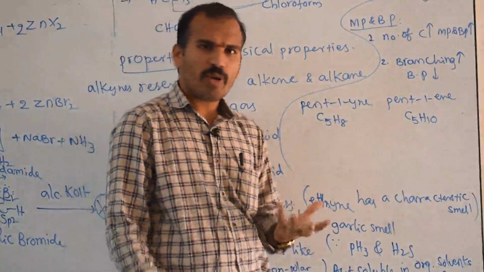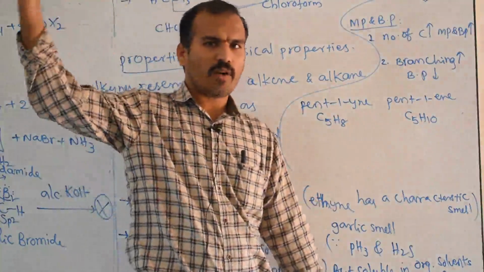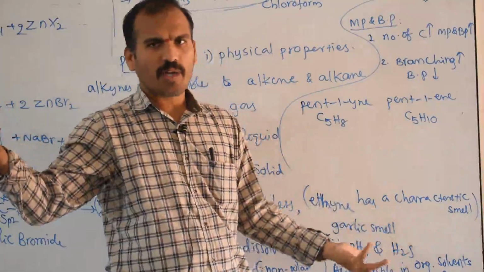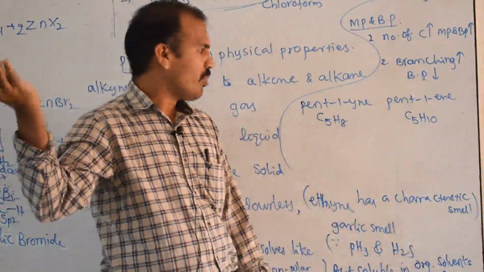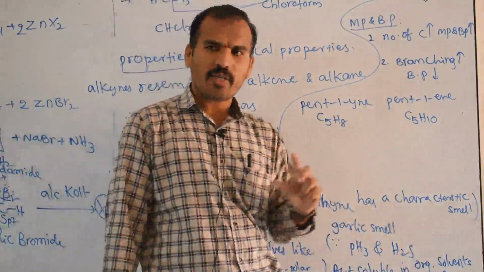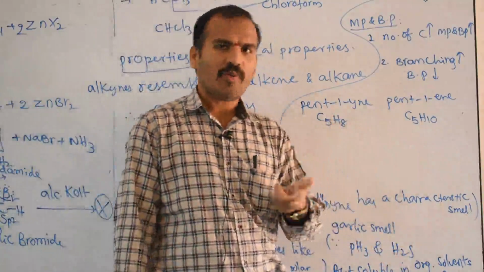When they are not comparable, one very small and one very large, the small one has the lower boiling point and the larger one has the higher melting or boiling point. When the molar masses are near, only then do we compare.